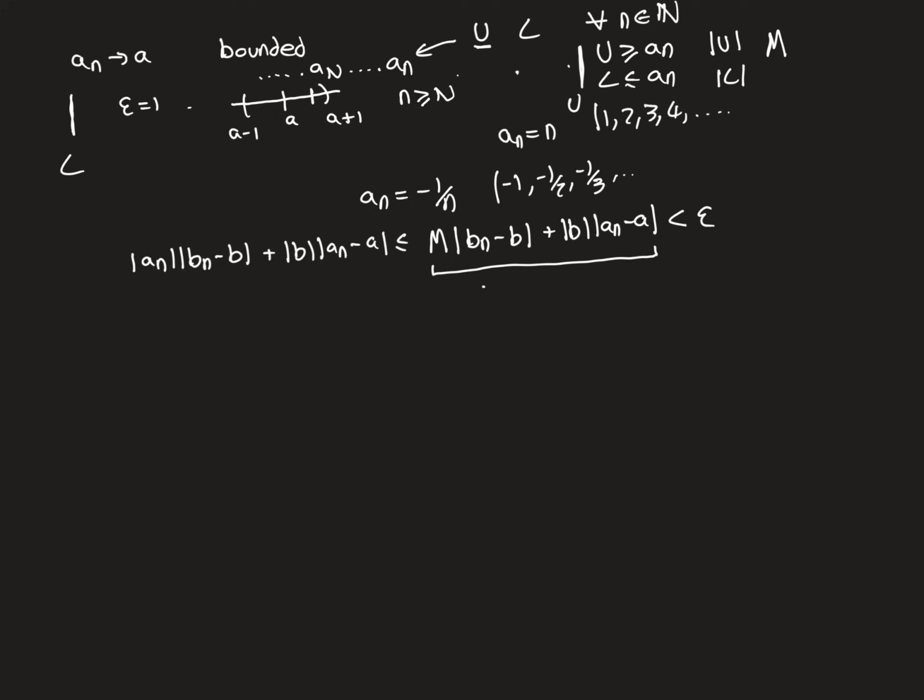So for this sequence B, we're going to make the epsilon equal to epsilon over 2 times m, and for the sequence A, we're going to make the epsilon equal to epsilon over 2 times mod of B. So these things will be less than these, and then you can see that the m will cancel here, the mod b will cancel here, and you'll overall get that this is going to be less than epsilon over 2 plus epsilon over 2, i.e. it will be less than epsilon.